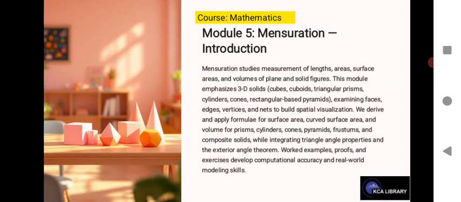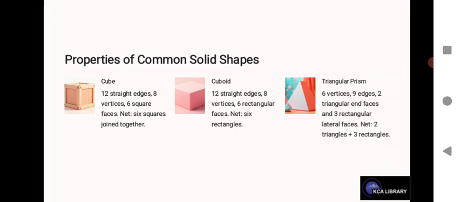We derive and apply formulae for surface area, curved surface area, and volume for prisms, cylinders, cones, pyramids, frustums, and composite solids, while integrating triangle properties and the exterior angle theorem. In the module, you will find worked examples, proofs, and exercises to develop computational accuracy and real-world modeling skills. Now let's look at the properties of these common solid shapes.